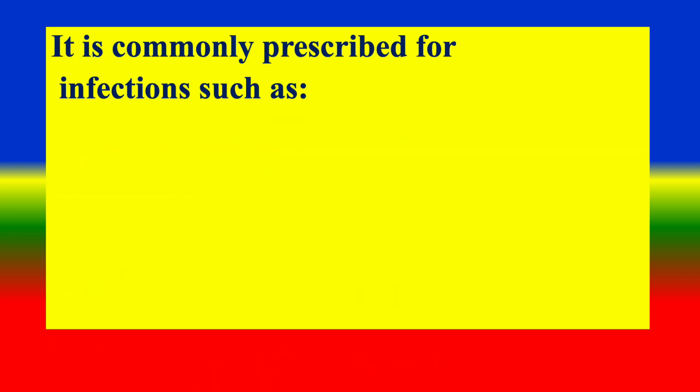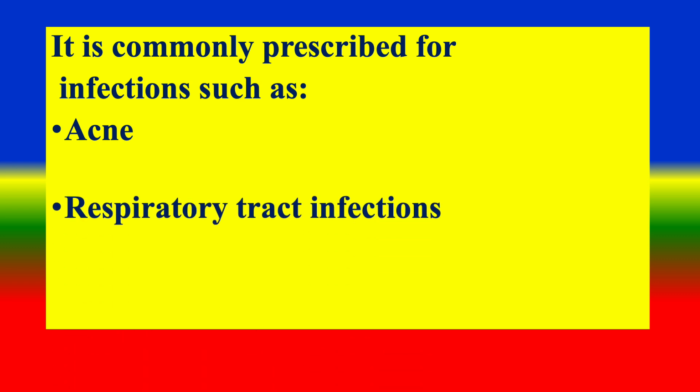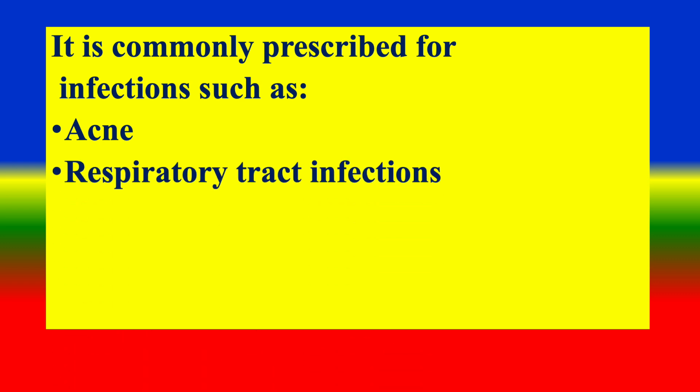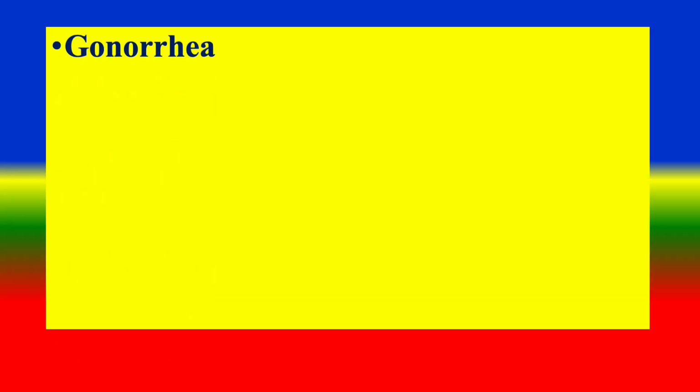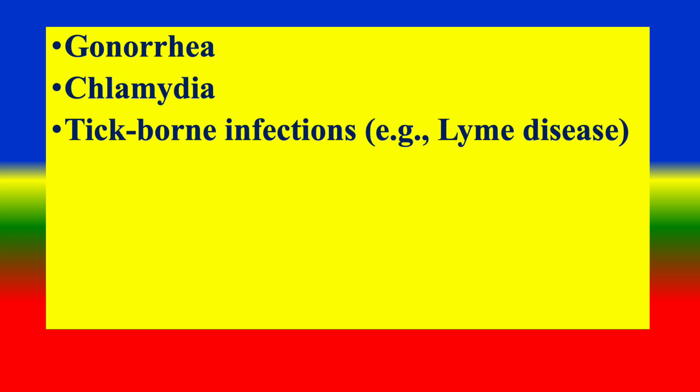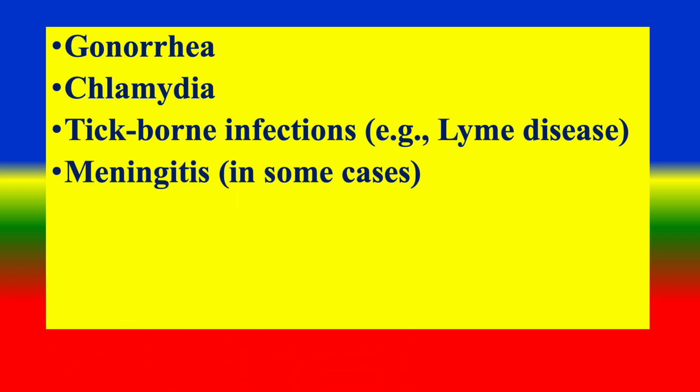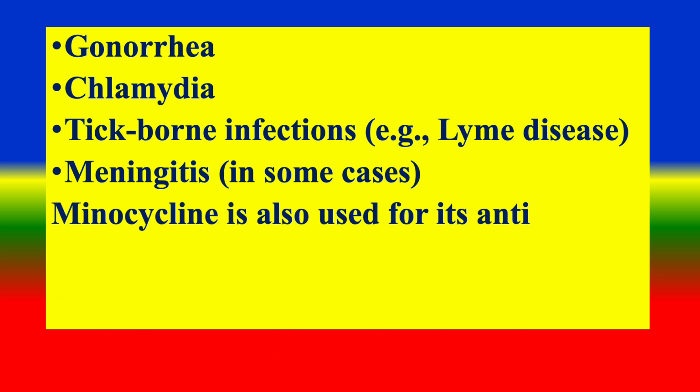It is commonly prescribed for infections such as acne, respiratory tract infections, urinary tract infections, skin infections, gonorrhea, chlamydia, tick-borne infections, for example Lyme disease, and meningitis in some cases.